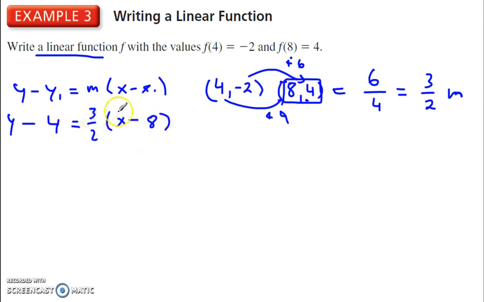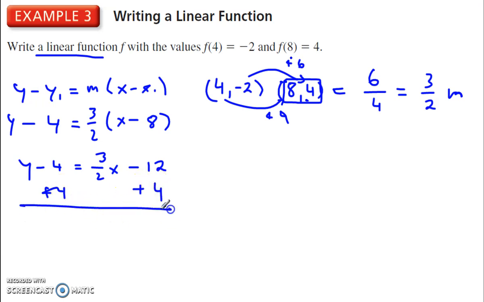Now we need to do distributive property. 3 over 2 times x gives me 3 over 2x. 8 and 2 can be simplified to 4. 4 times 3 is 12, so minus 12. And equals y minus 4. Now I need to get rid of the 4, so I'm going to add 4 to each side, plus 4 right there.